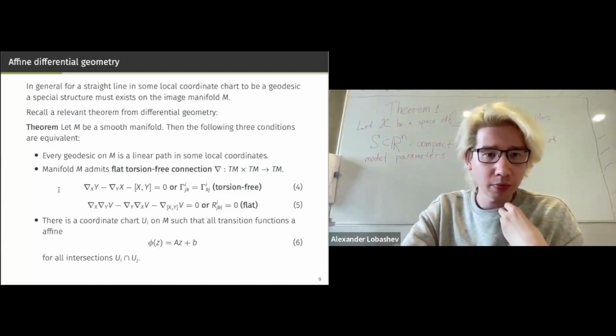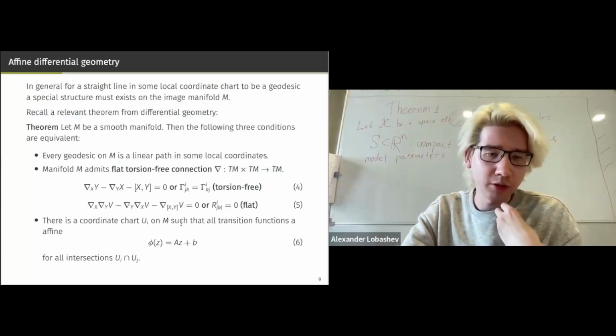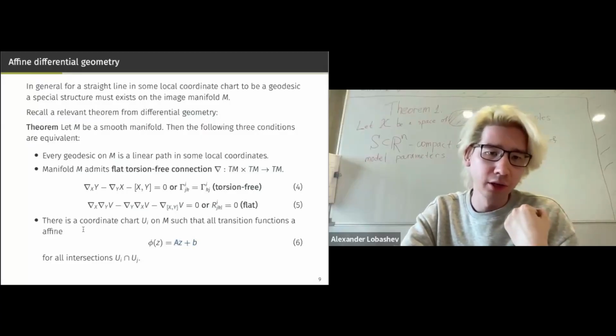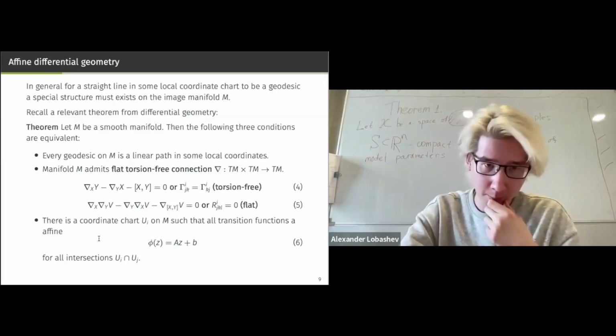Okay, and there is also an equivalent definition: we have a coordinate chart on M such that all transition functions between coordinate charts are just affine functions. So this is another equivalent definition.